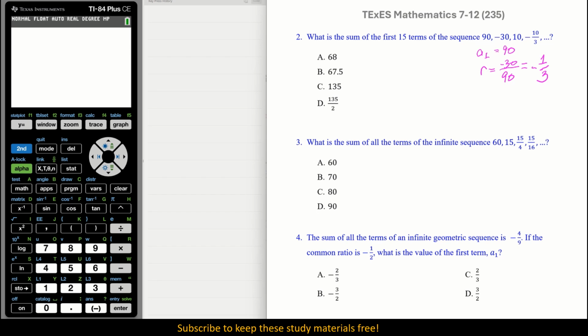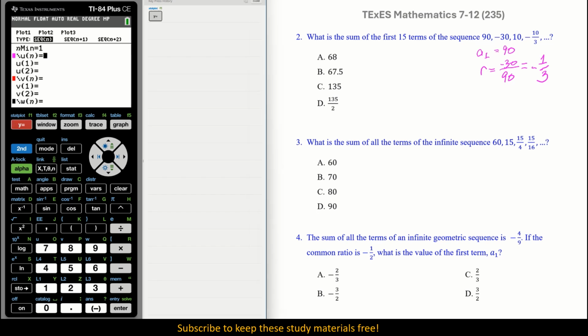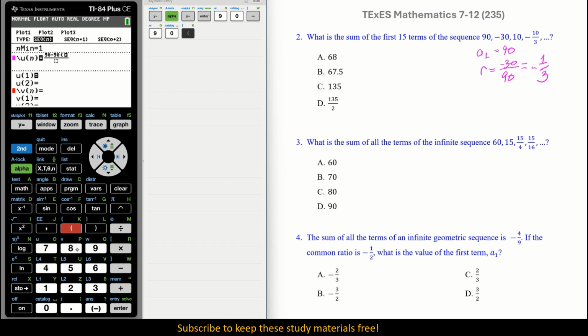Okay, so let's do y equals, and let's say alpha, y1, enter. Okay, we have 90 minus 90 in parentheses. That's going to be a negative. Now we have alpha, okay, alpha, y equals, and then enter. Now, see how my negative is staying with my 1/3.